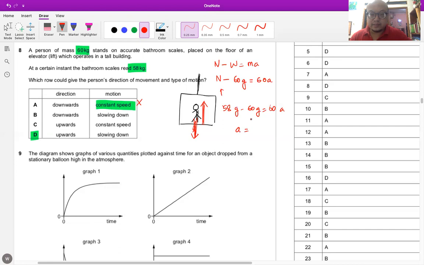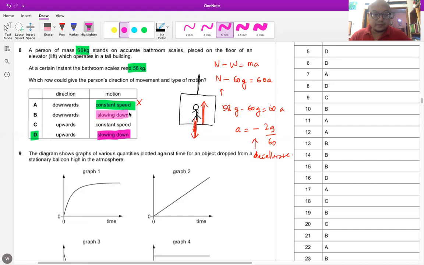So a equals negative 2g over 60. This is deceleration, which means slowing down.